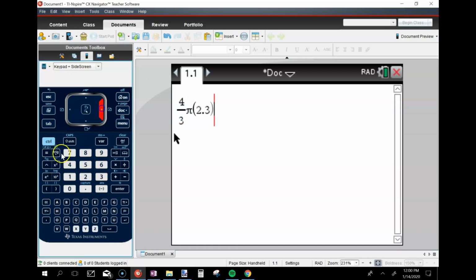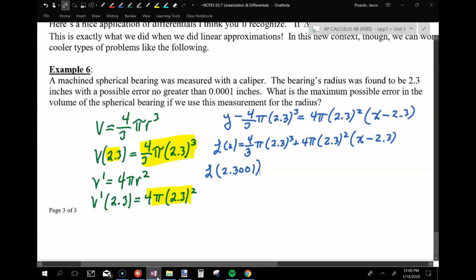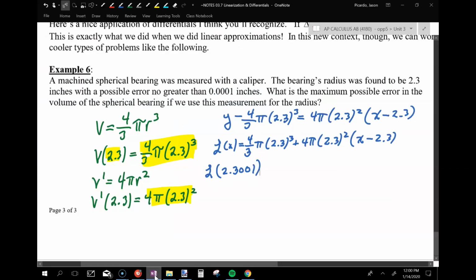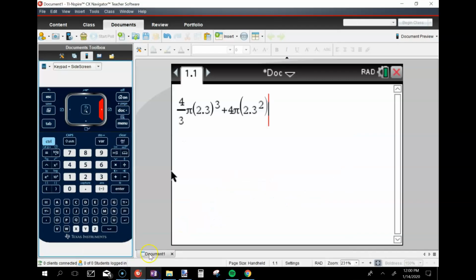Times 2.3 cubed plus 4 pi 2.3 squared times 2.3001 minus 2.3.